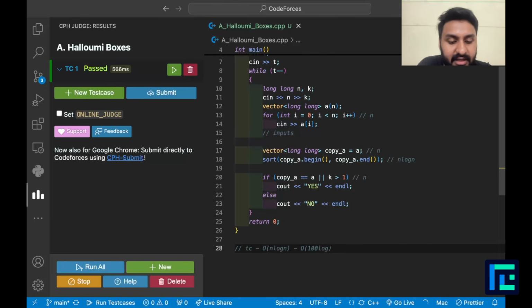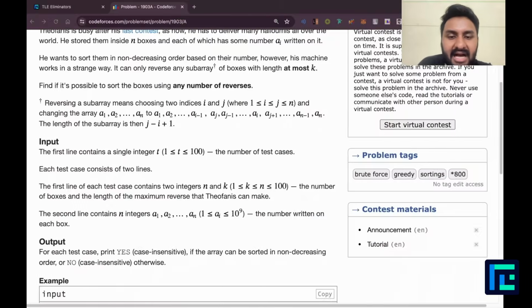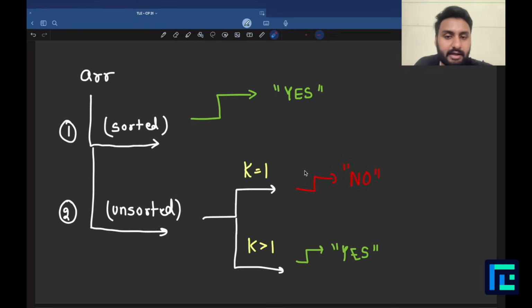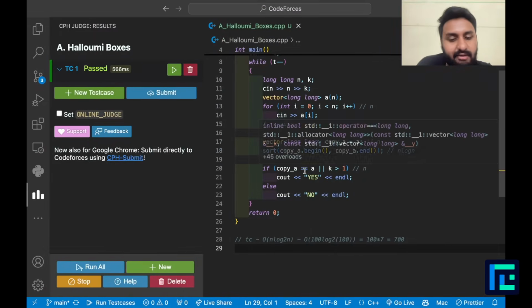That means this would be 100 log base 2 of 100, and log base 2 of 100 is approximately 7 to 8, so this would go to somewhere around 700 iterations, which is good to go, because I know this is well within my boundaries. I had a maximum limit of something like 10 to the power 6 operations per test case, but in this case per test case I'm only taking 700 iterations.